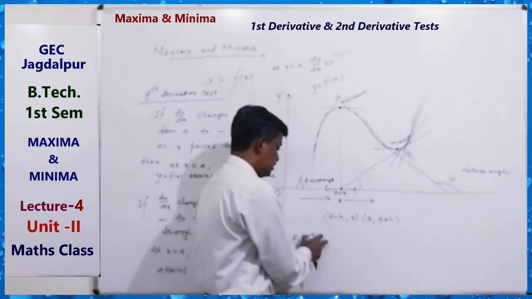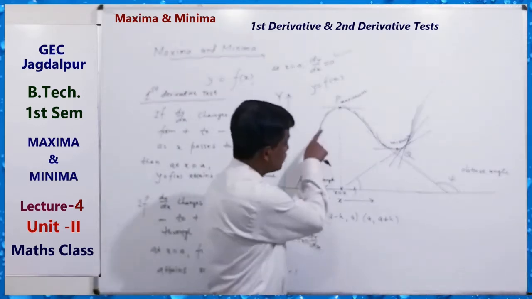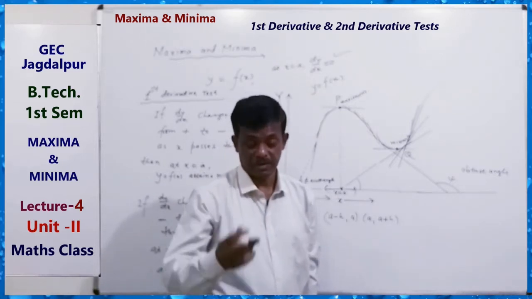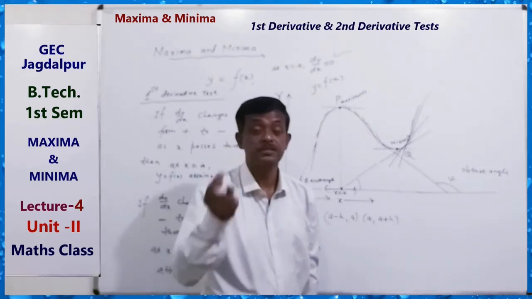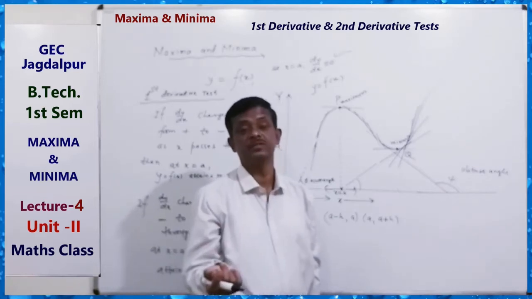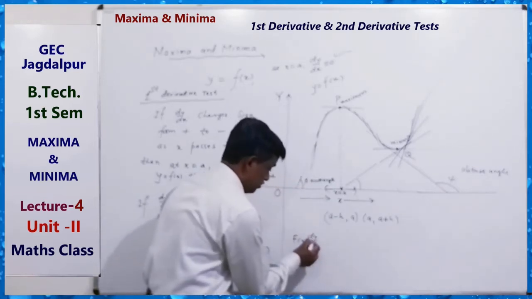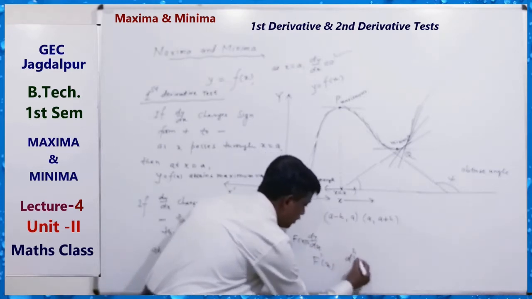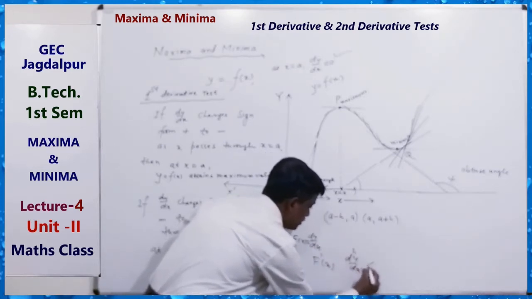This function is decreasing in this interval, and decreasing means its derivative is less than 0. So its derivative, that is f dash x, that is d2y by dx square, is negative.